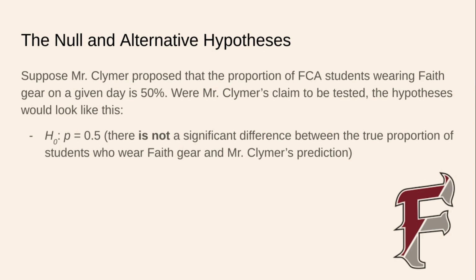That means, null hypothesis, there is not a significant difference between the true proportion of students who wear faith gear and Mr. Clymer's prediction. The alternative is that there is a significant difference between the true proportion of students who wear faith gear and Mr. Clymer's prediction. Mr. Clymer makes his prediction. We assume that there's no significant difference until we can prove a significant difference. Innocent until proven guilty.